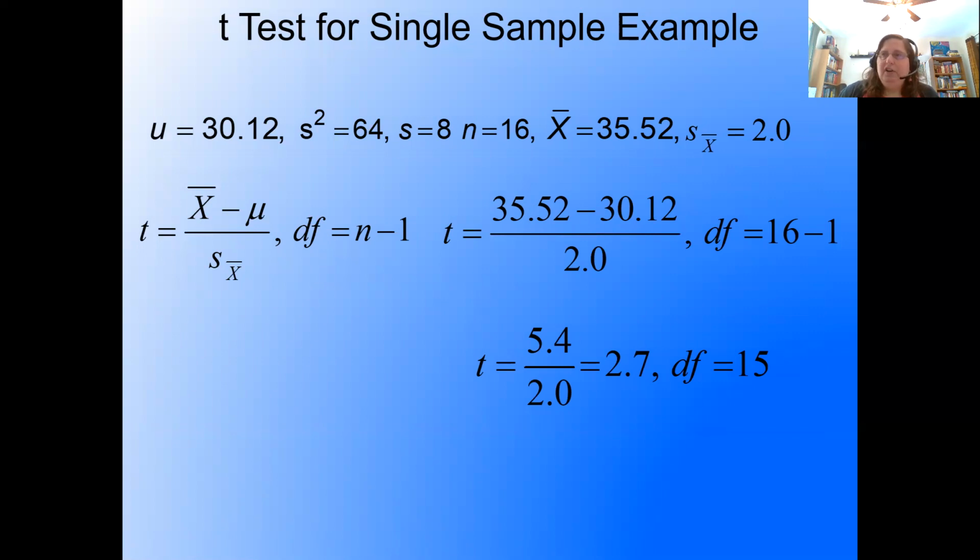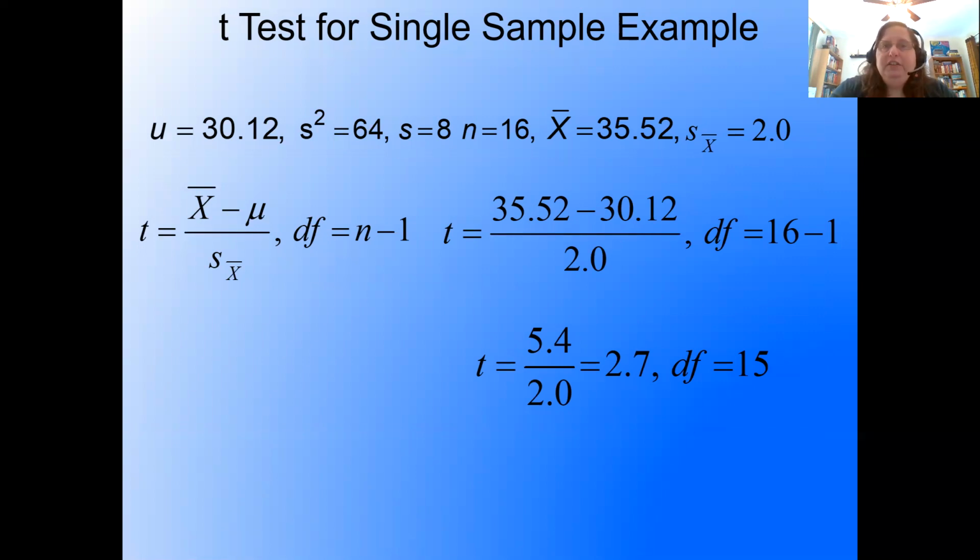Yeah, it's higher. Okay, so I got the direction right. Or if I had said that the mean for our sample of more would be less than the population mean, well, is 35.52 less than 30.12? No, it's not. We got the direction wrong.